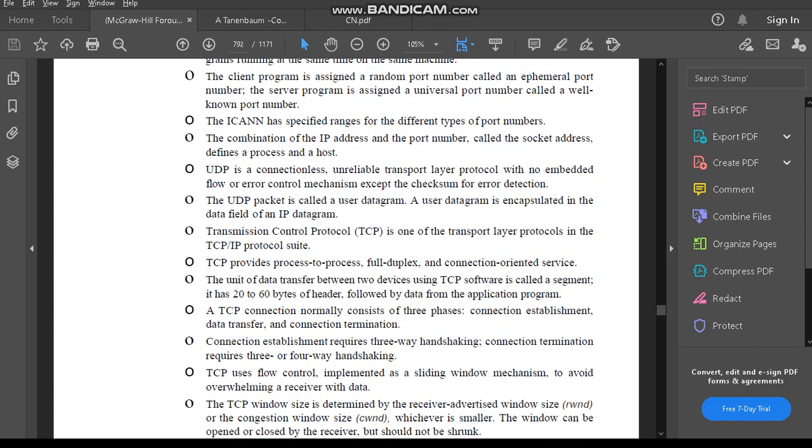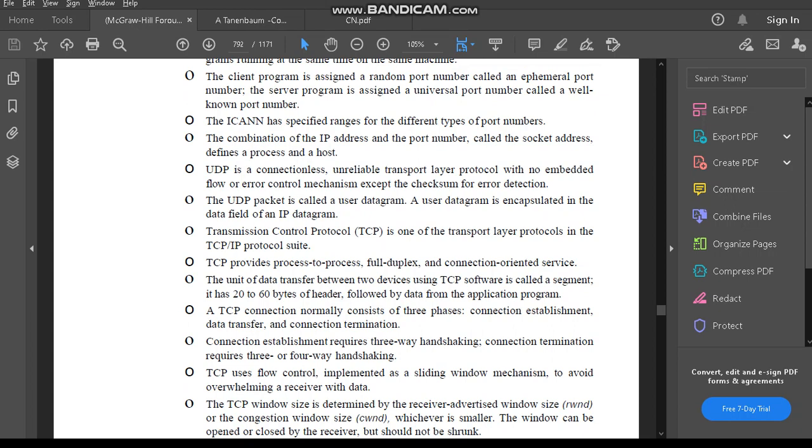See, here there is a point: TCP provides process-to-process, full-duplex and connection-oriented service. Now, if you haven't read this point while preparing computer networks, then it might take some time for you to logically derive that TCP is full duplex.